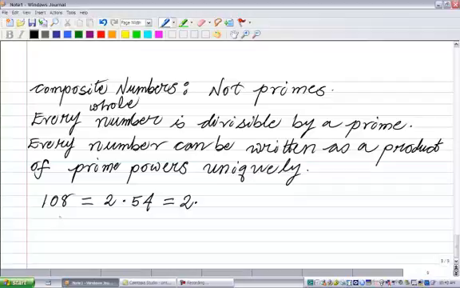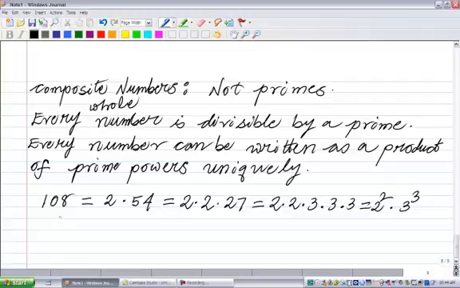So what do I get? 2 times, if I divide 54 by 2, 27, and then I can write 27 as 3 times 3 times 3, right? Which is the same as 2 squared times 3 cubed, right? So these are the prime powers. The first one is the power of 2, the second one is a power of 3. So every whole number you start with, you can write it as a product of prime powers in this way.